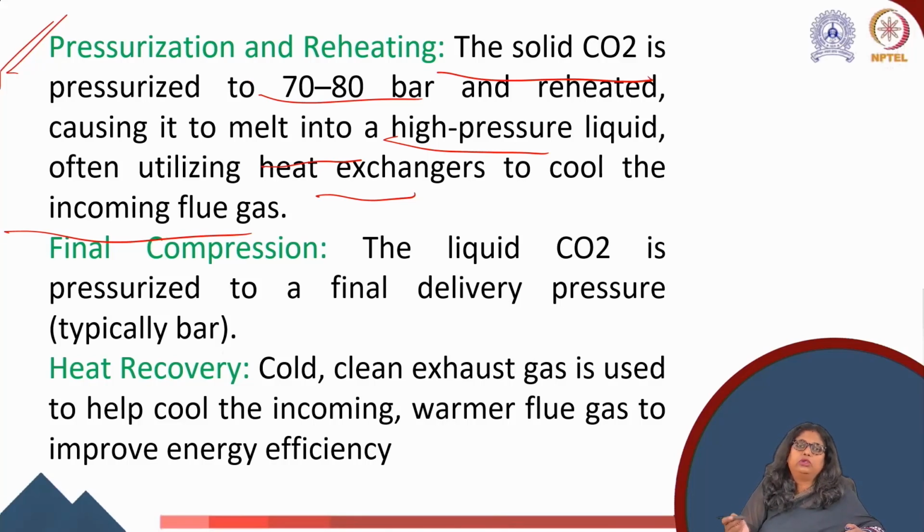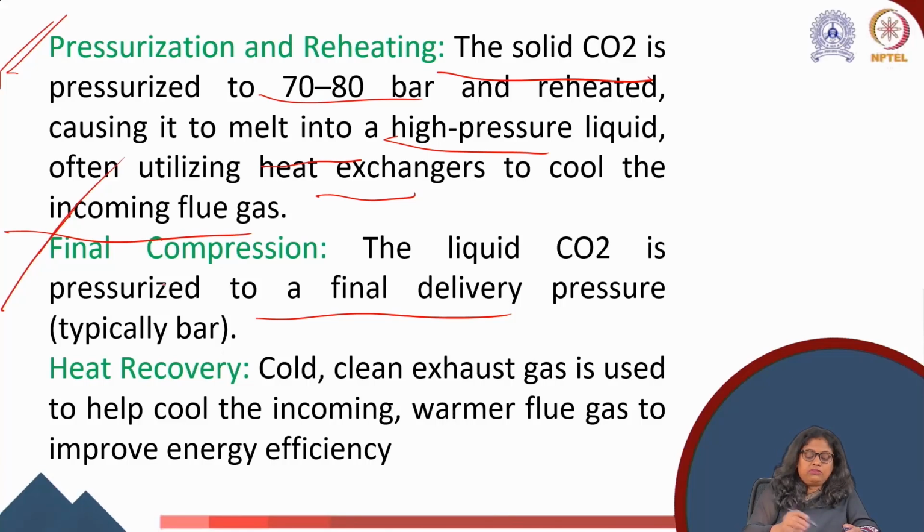So the solid CO2 is pressurized to 70 to 80 bar and reheated, causing it to melt into high pressure liquid. Then we have the final compression. The liquid CO2 is pressurized to the final delivery pressure. This is the final operation we want here.